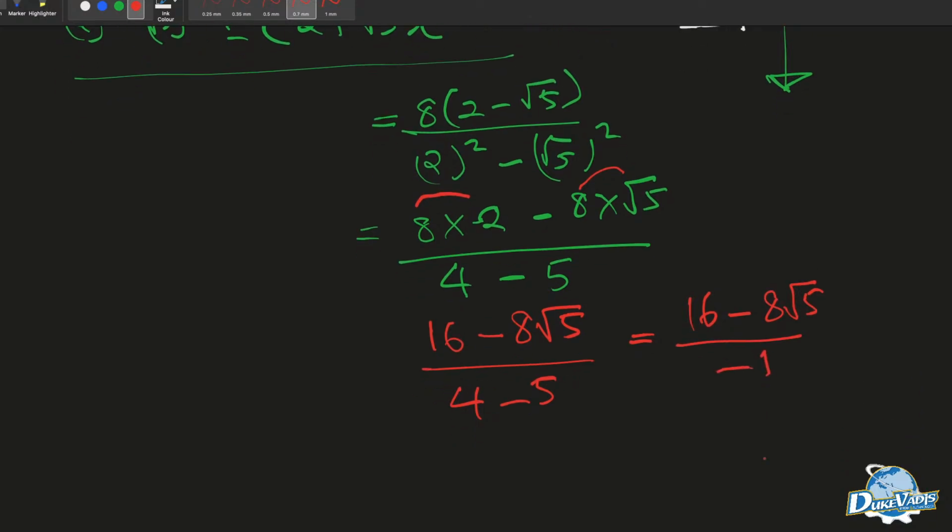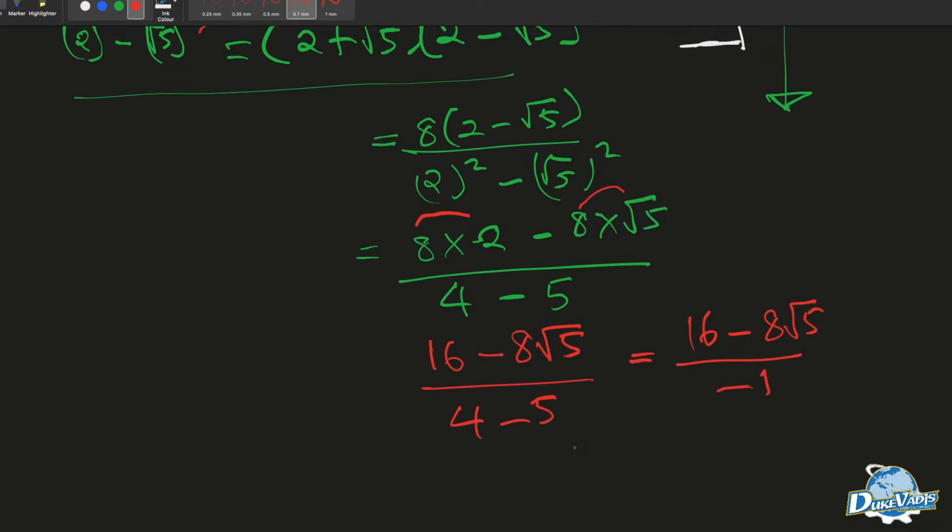Finally, dividing through by negative 1 will give us the answer negative 16 plus 8√5. So the denominator has become rational. That's how we rationalize it. So that is the process.